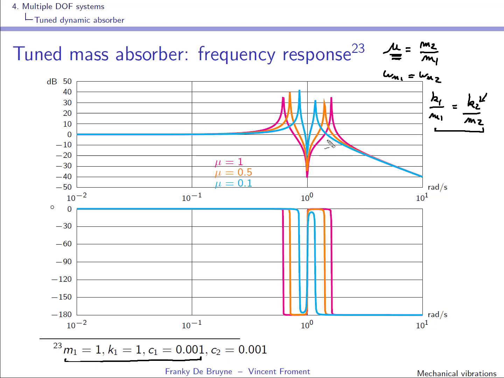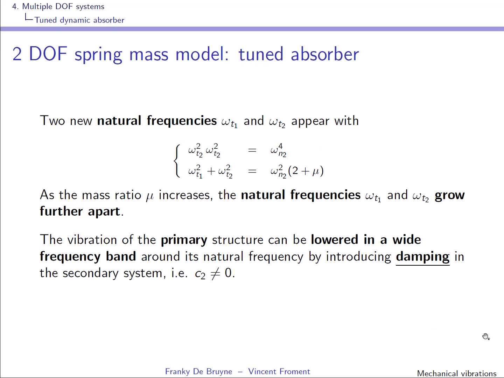So if you change mu in here, well, the values of K2 will follow because you use a tuned mass absorber. And indeed, what you see is that when mu is increasing, these peaks are growing further apart. Okay, we've just seen that the natural frequencies grow apart as mu is increasing.